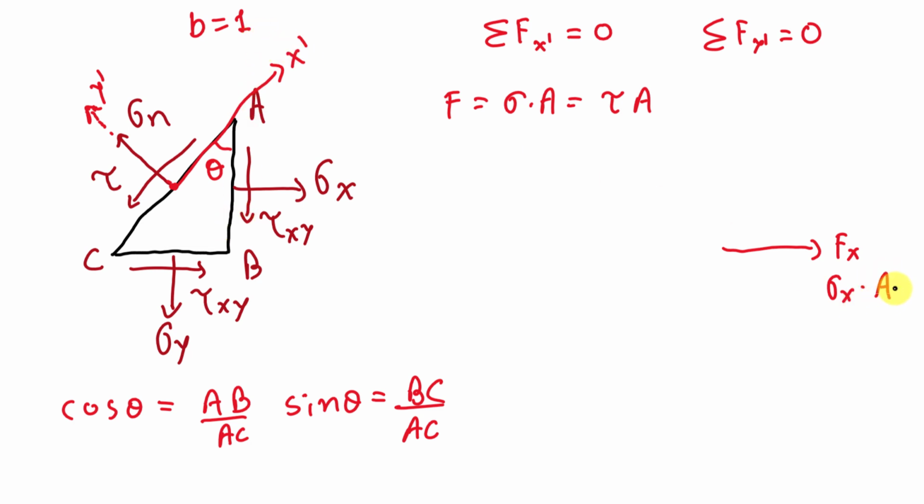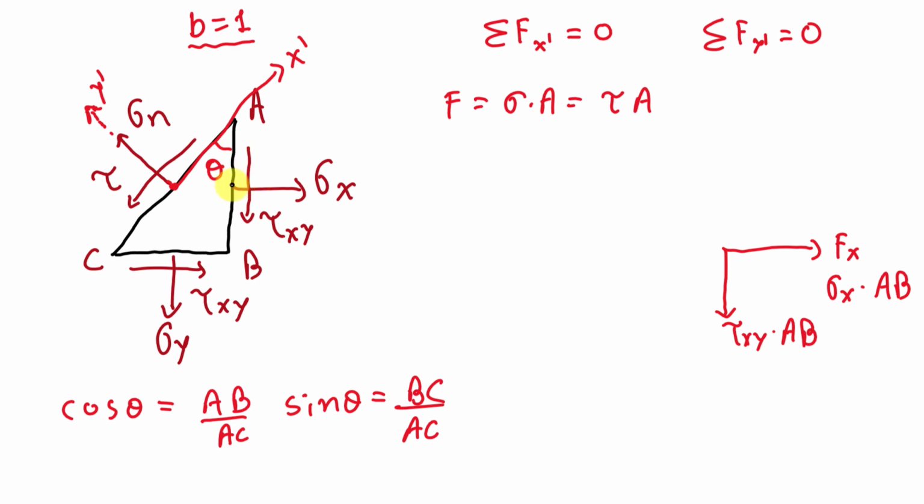And in this direction there is shear stress tau xy, so there will be a force due to this shear stress, that is tau xy into area, that is AB. Here the width of this body is 1, so the area is the length AB.